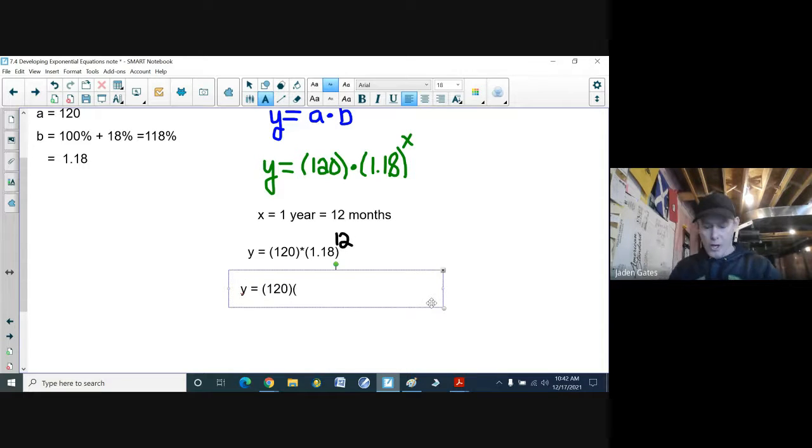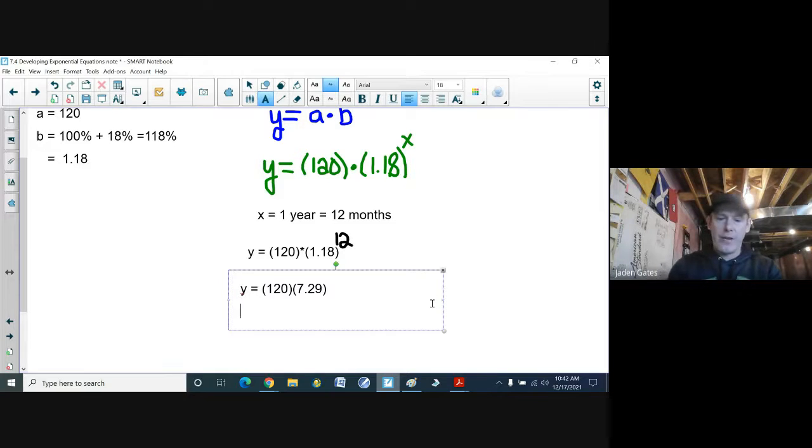So I take my 1.18 and take it to the power of 12, and I end up with, to 2 decimal places, 7.29.